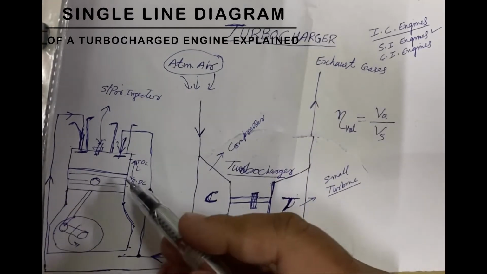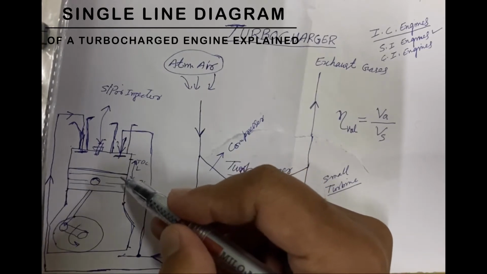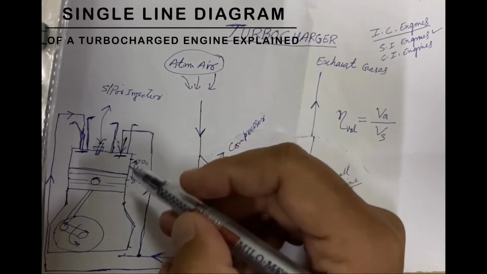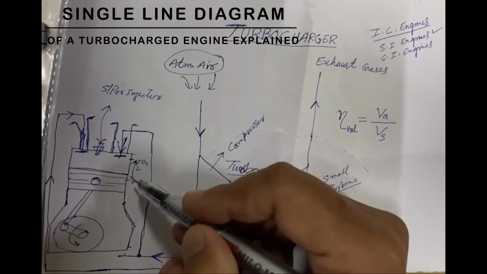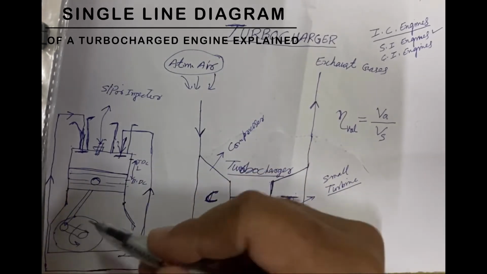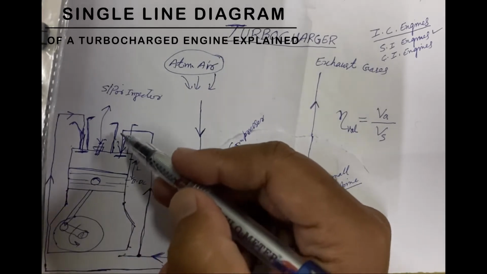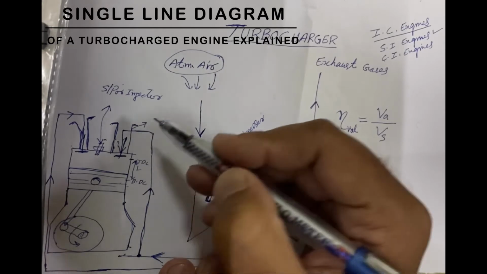Okay, this is engine. This is an IC engine. In this engine we have, as you know, a cylinder, a piston, connecting rod, crank and crankshaft. It rotates like this. It has two manifolds.